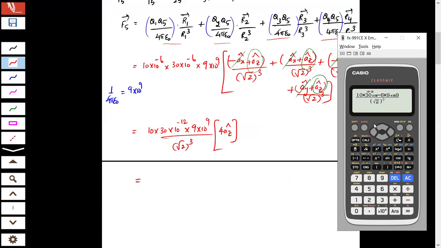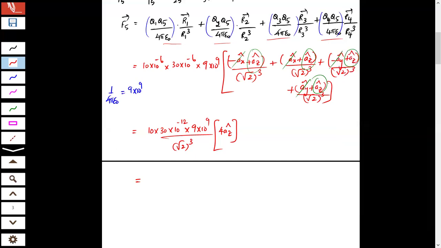Oh sorry, I should have taken 10 power minus 12 here. So this gives 3.818. So 3.818 AZ cap is the force.